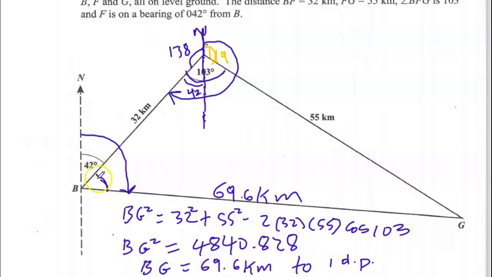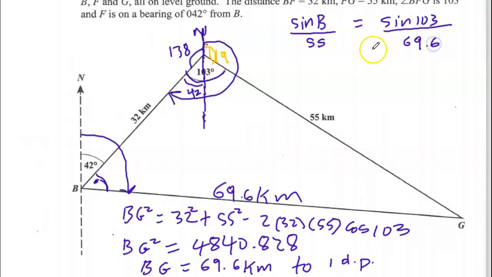And to get this angle inside, of course, we can use the sine rule. So we can say the sine of this angle, let me call it angle B here. So the sine of angle B over the opposite side, which is 55, is equal to, let me choose another side, the sine of this angle here, which is 103, over the opposite side, which is 69.6.